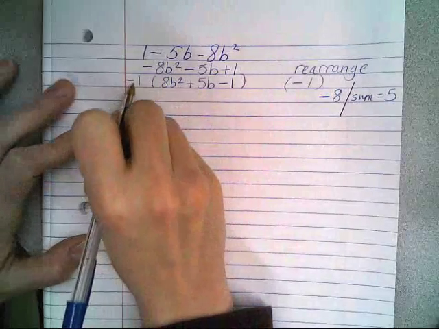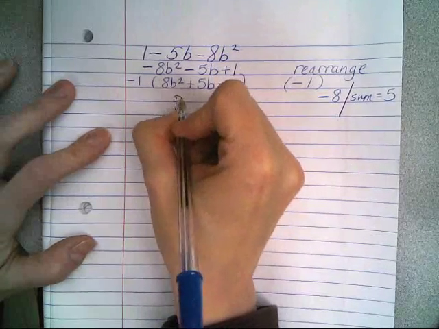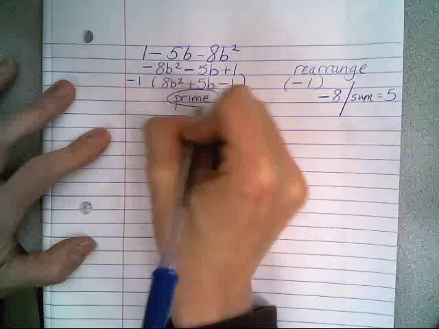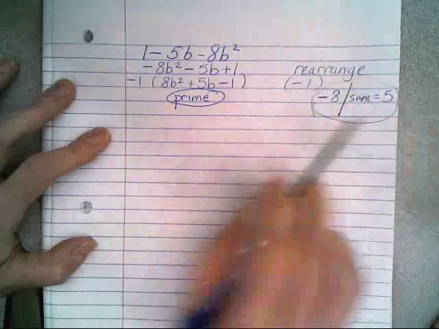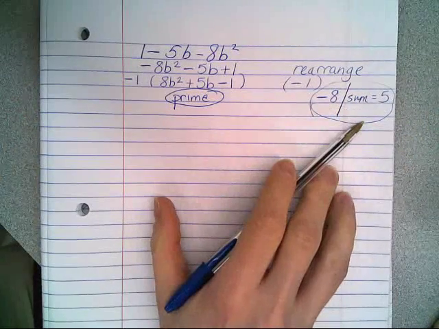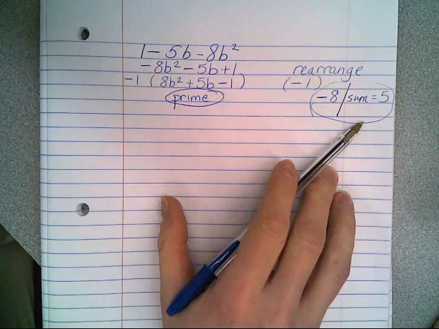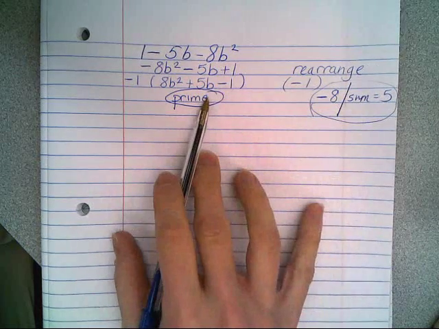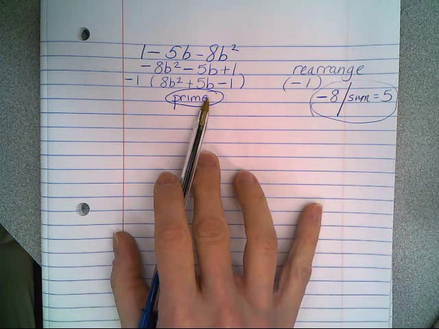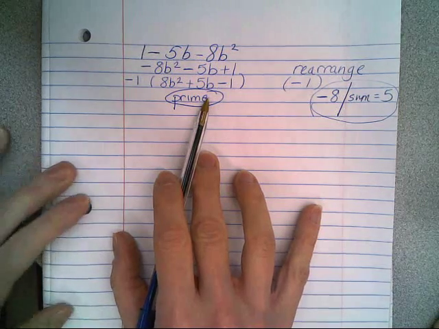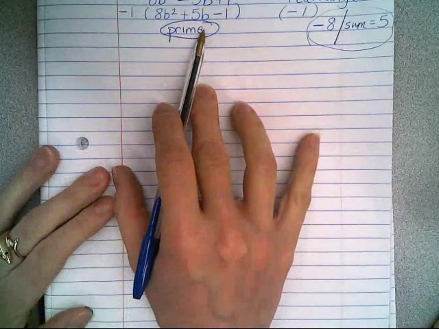Other than pulling that out, this polynomial is known as prime, because nothing exists that would satisfy the necessary components that would lead us to a factor. Your answer to this would be prime.